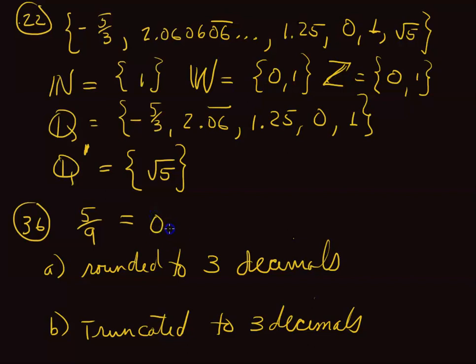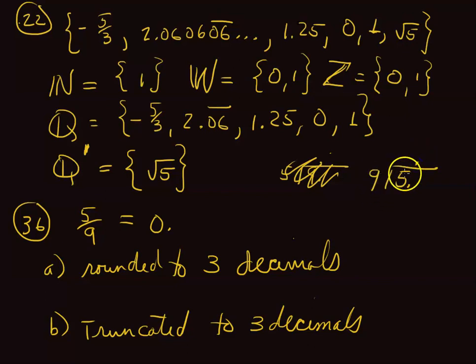It's not a whole number, so it's 0 point. And if you do the long division, here's the decimal. It's 5 divided by 9. Boy, did I do that wrong. 5 divided by 9 decimal.